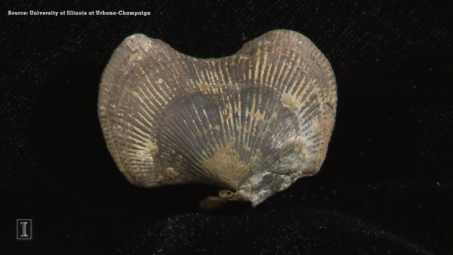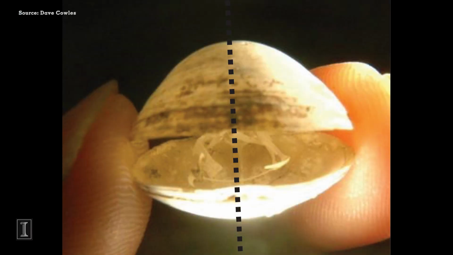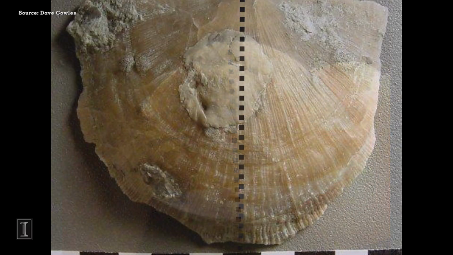If you look at it head on, it has this wave motion at that plane of commissure where those two shells meet. But if you think a little bit differently and try to cut it a different way, going down the center perpendicular to the plane of commissure, we see that the right and left sides are the same. So that is another bilaterally symmetrical organism. It's a little tricky.